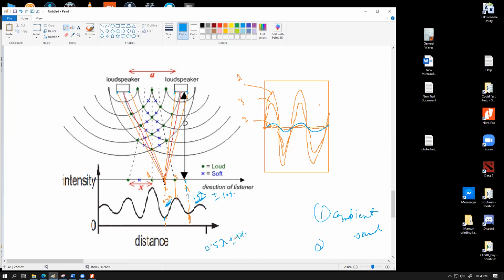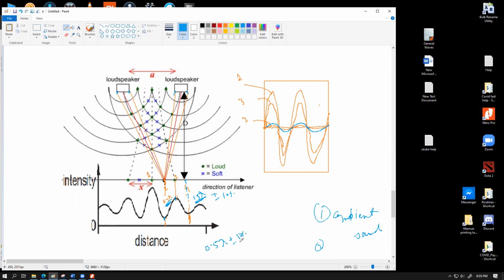So let's say for this location, the two sound waves were overlapped by almost two identical and opposite waves, but in terms of their amplitude variation, maybe only 10%, what is that? 0.05. Maybe only 0.05 was different.